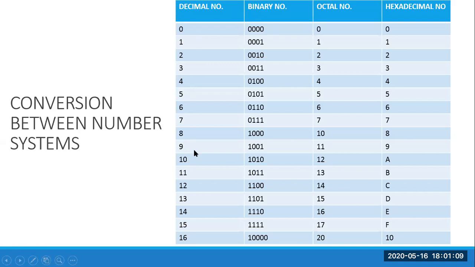After this, the further digits are nothing but combinations of the digits from 0 to 9. So 0 is 00, 1 is 01, then we have 02, 03, 04, 05, 06, 07, 08, and 09.